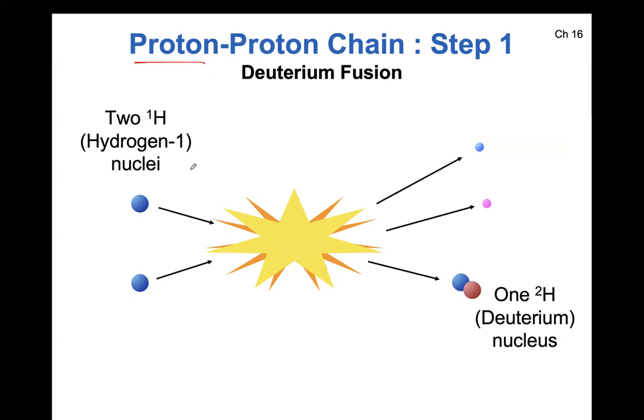It's ionized hydrogen 1, to be fair, but when we talk about the name of the element, we don't specify whether it's ionized or not. That's only if we worry about the chemistry. So there's no electron, as I said last time, but I just want to make that clear. There are no electrons involved. So it's just the nucleus, and the nucleus of hydrogen 1 is just a single proton. So it's literally just a proton, but it's also hydrogen 1. Okay, so the proton is a hydrogen 1 nucleus.